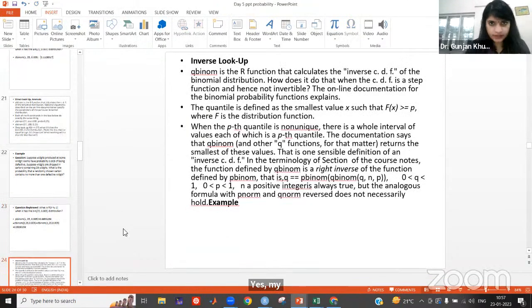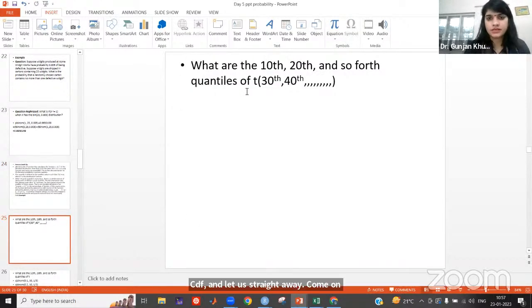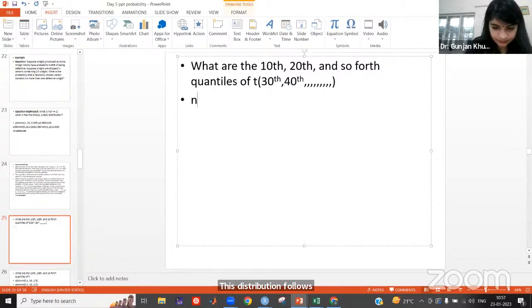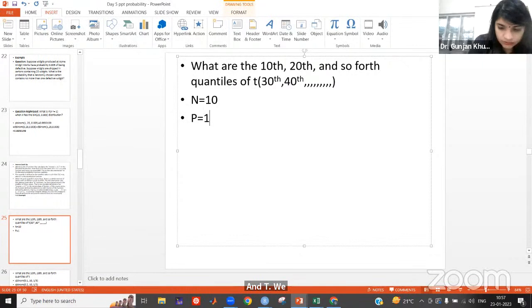So now let us talk about the Q function in binom. Q binom is the R function that calculates the inverse CDF, and let us straight away come to this example. What are the 10th, 20th and so forth quantiles of this distribution which follows n equal to 10 and p equal to 1 upon 3?